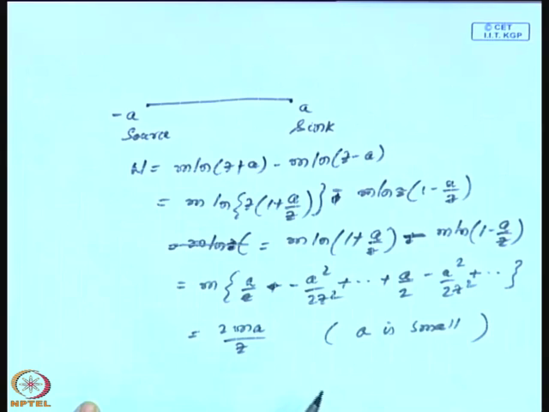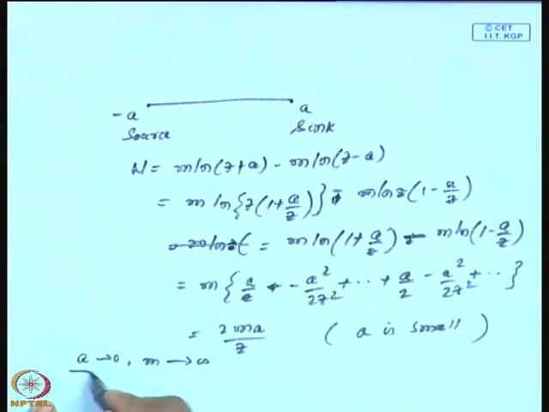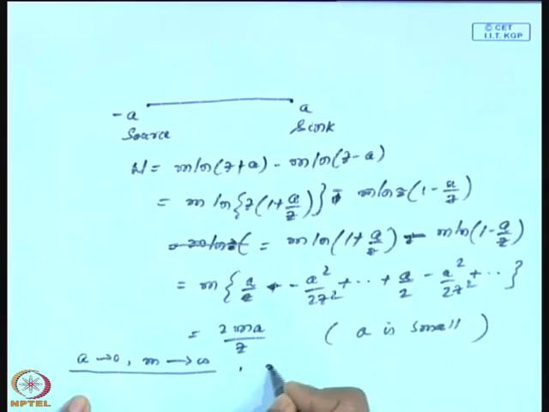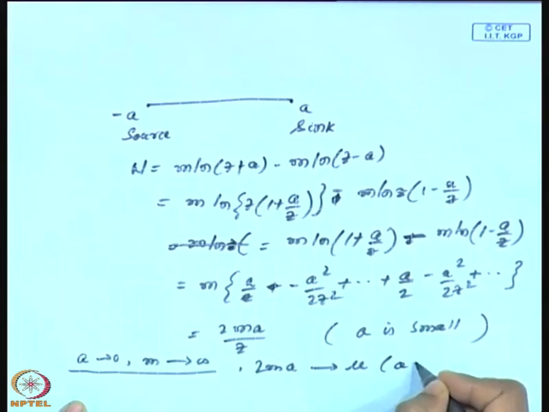If I assume A is small, this gives me. So, now I look at two things. If my A is tending to 0 and the strength of source is tending to infinity in such a manner so that m A tends to a constant, 2 m A will tend to a constant, that is called mu, a constant.